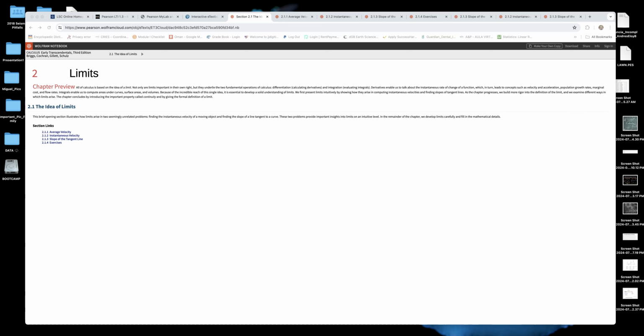So what I'm going to do here is use the interactive part of your textbook to go through that example. Okay, so average velocity. What is the average velocity? Imagine that you are traveling from Houston to Austin, and your target is to have an idea of the velocity as you approach Austin.